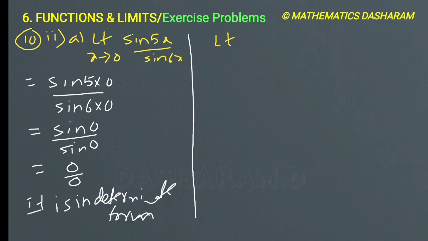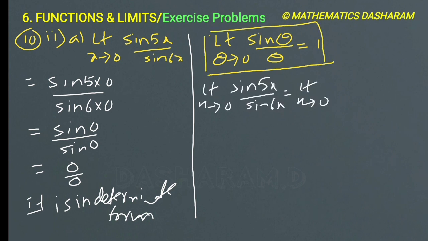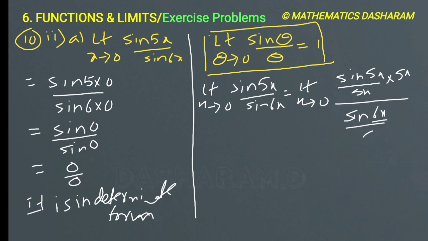The useful formula here is limit theta tends to 0, sine theta by theta equals 1. So sine 5x by 5x into 5x, because we need the sine theta by theta form, and similarly sine 6x by 6x into 6x.